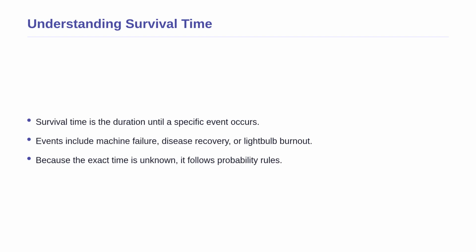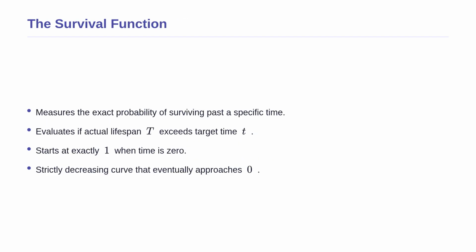Because we cannot predict the exact future, this time is random, meaning it follows certain rules of probability. These functions help us answer critical questions like what the chance is that a phone lasts more than 2 years, or how much risk it faces right now compared to when it was brand new. To answer those questions, the most fundamental tool we use is called the survival function.